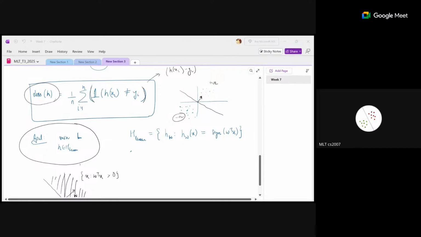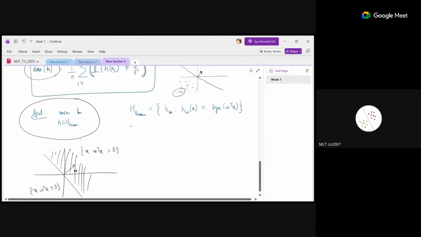That makes it difficult. So if we are not able to solve for this loss, there should be some alternative way so that we can come up with a classifier. In case we have a binary classification problem, we should have some different kind of techniques.